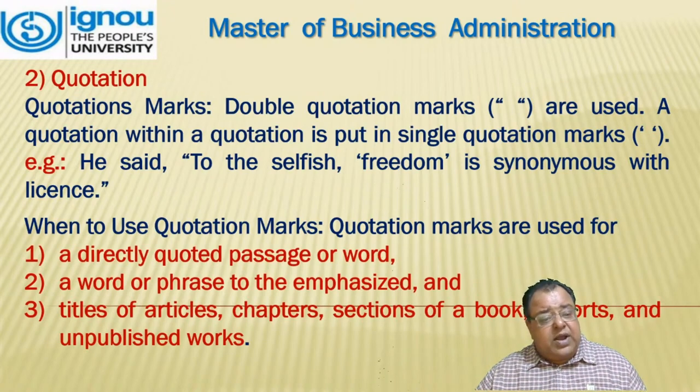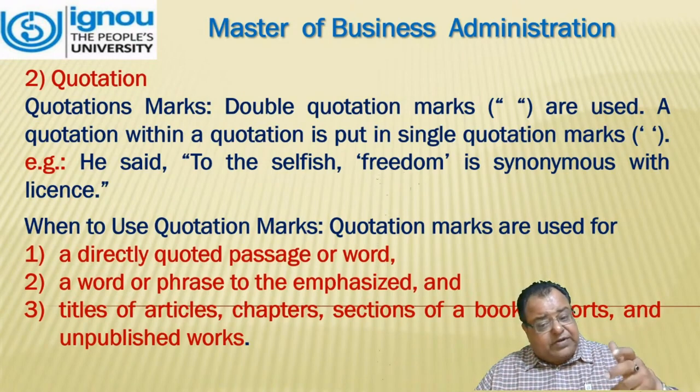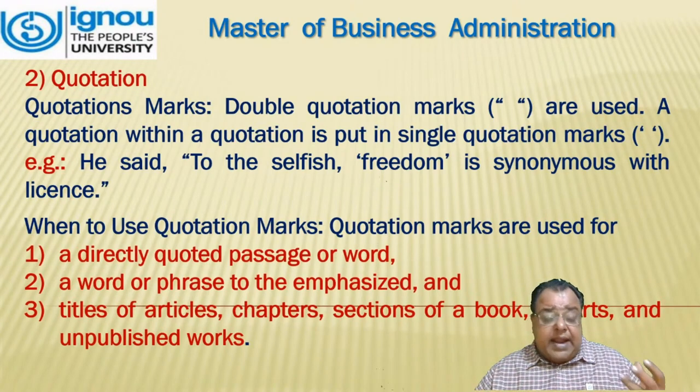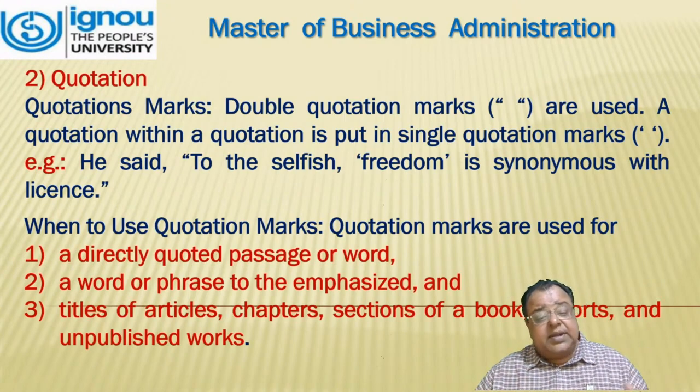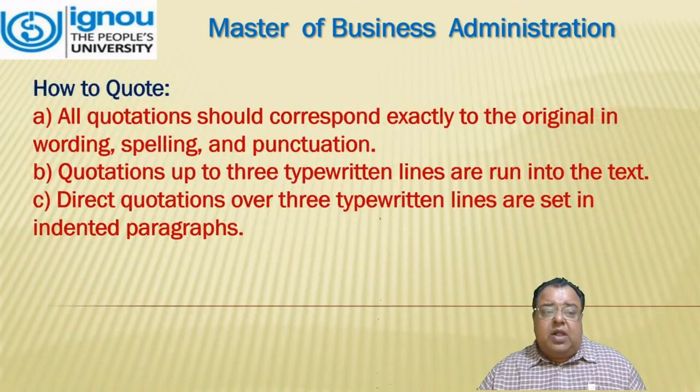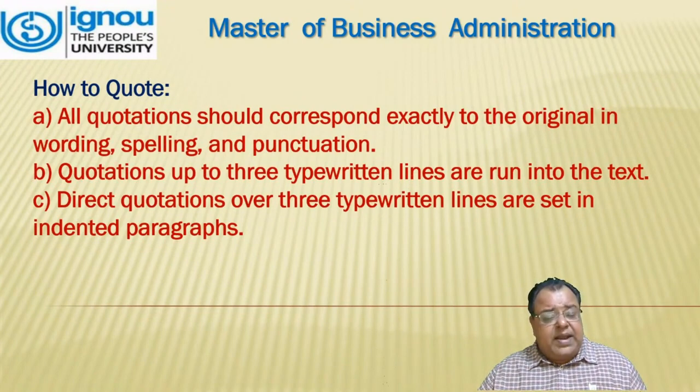Quotation marks are used for a directly quoted message or word, a word or phrase to emphasize, and the title of articles, chapters, sections of a book, report, and unpublished work. How to quote? All quotations should correspond exactly to the original in word, spelling, and punctuation.